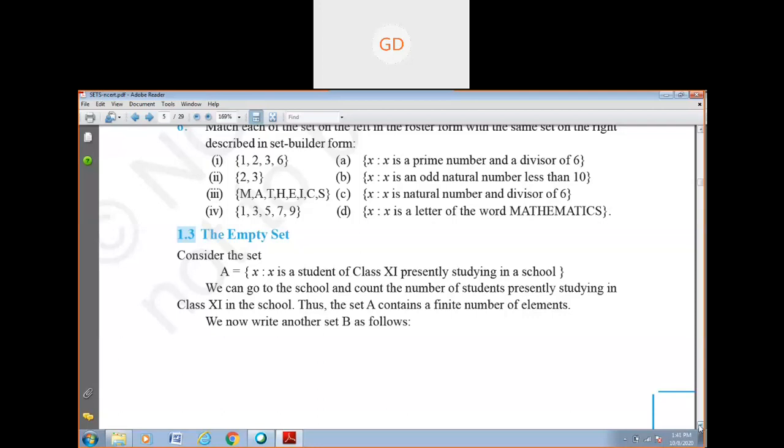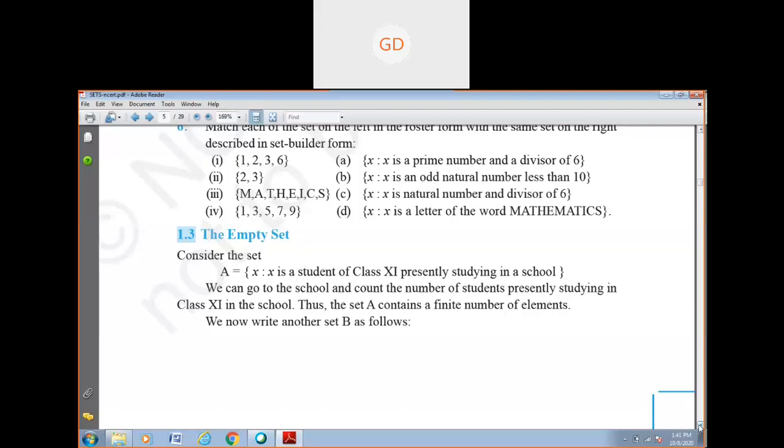You have defined properly, but elements do not exist. You have not committed any mistake in the definition of the set, but elements do not exist. Then also it is a set, and it is an empty set.